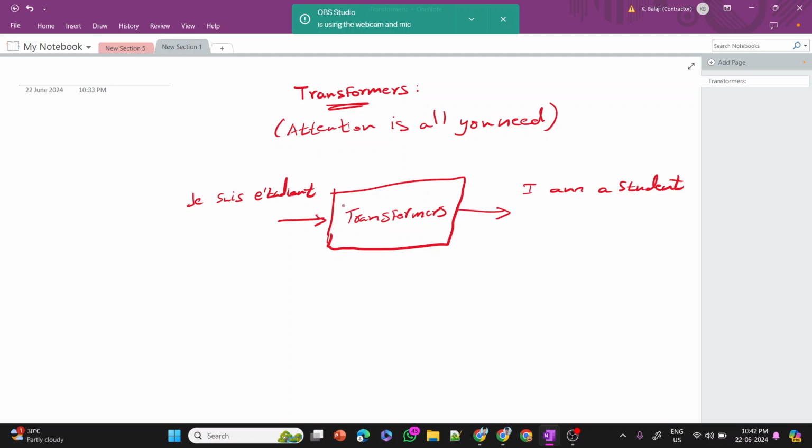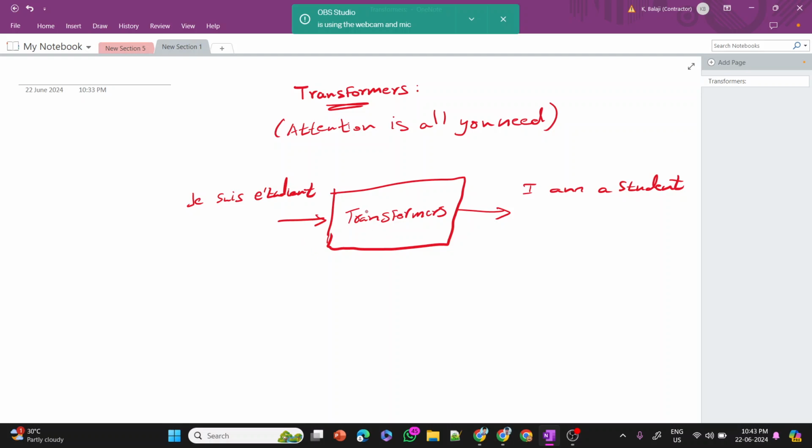Like this, the transformer will do some NLP operations. We can train this transformer for many applications. We can train a transformer for translating a sentence in one language into another language, like this example.